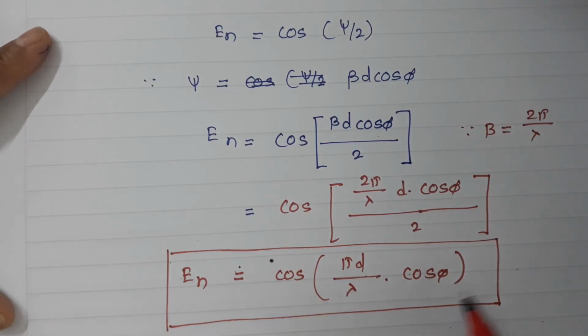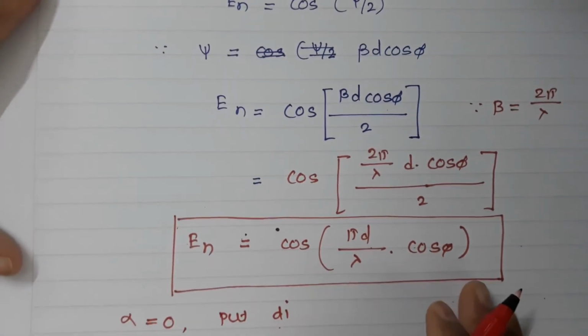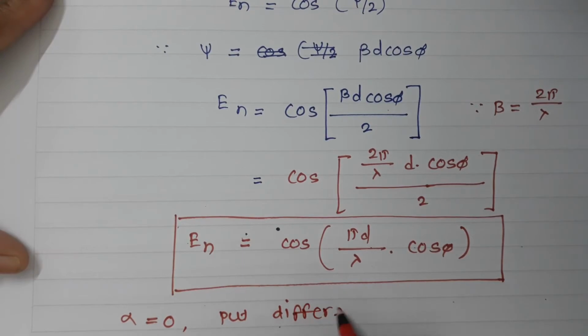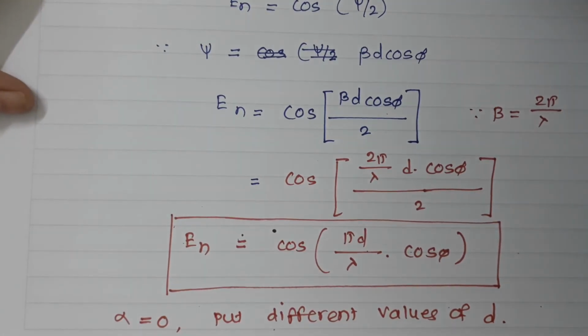If you are talking about the current here, your current phase α is equal to 0, and put different values of d. This is how you are going to get the normalized field if you are having your reference as the origin. So let us talk about putting the values over here.